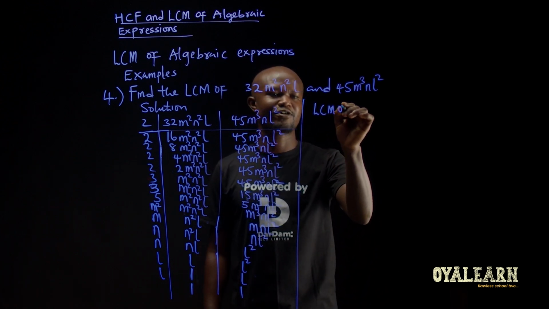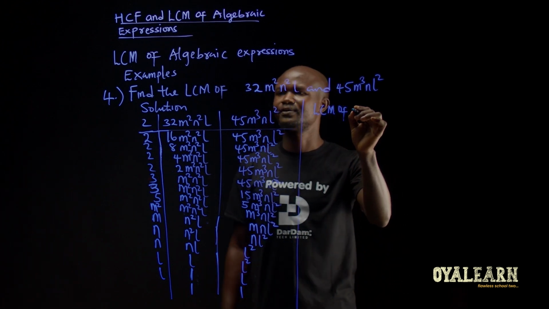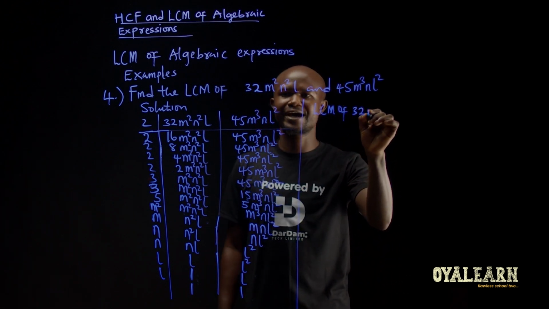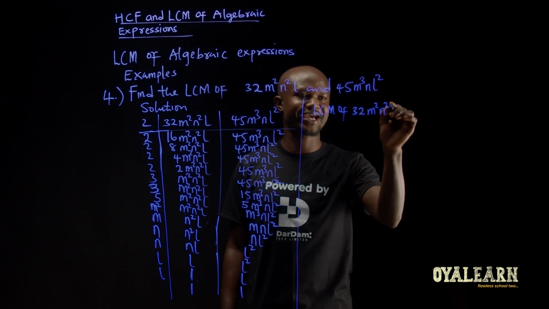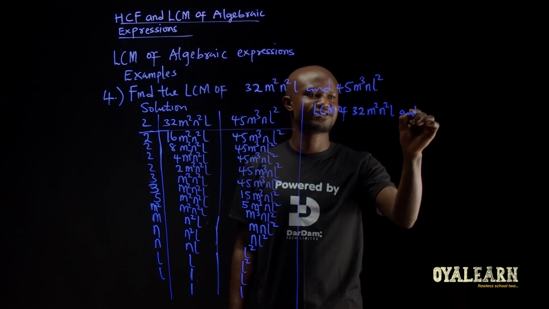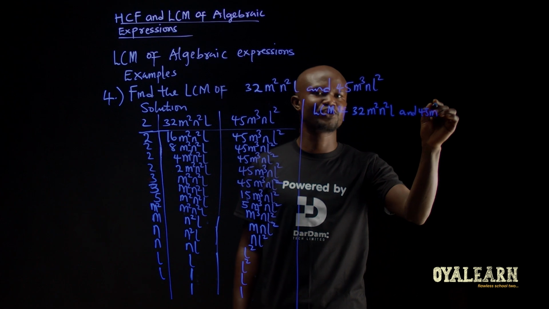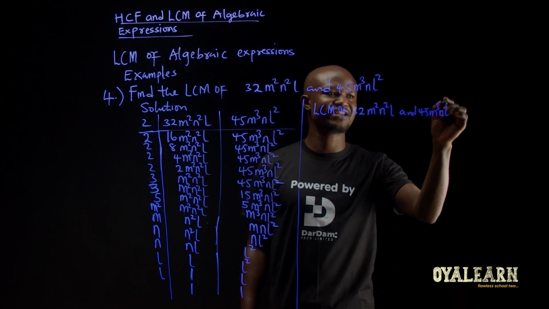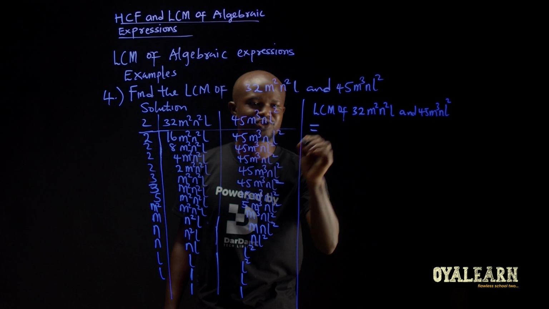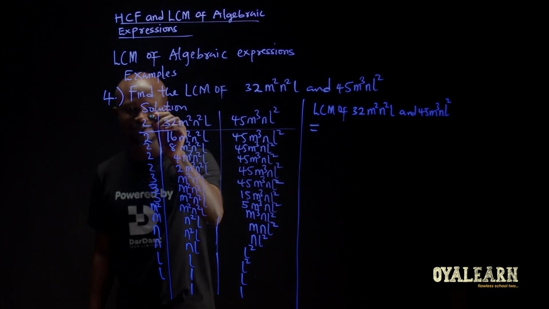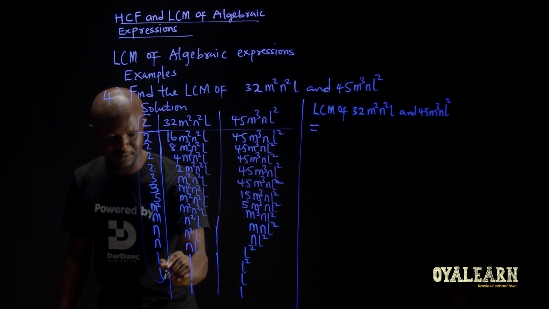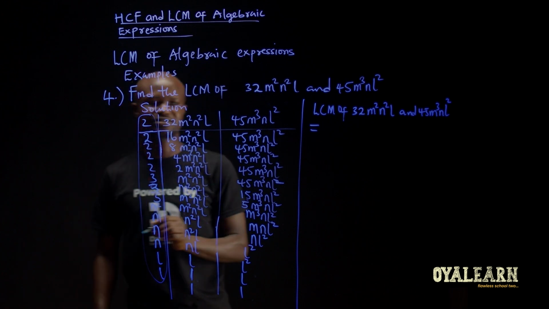The LCM of 32m²n²L and 45m³nL² is equal to, now this will form our result.